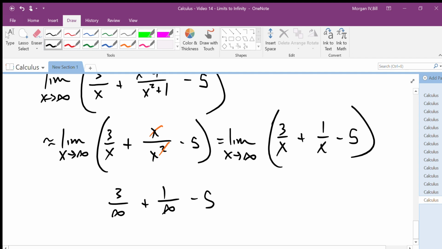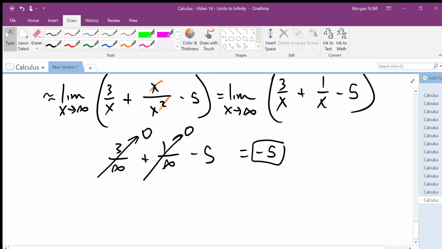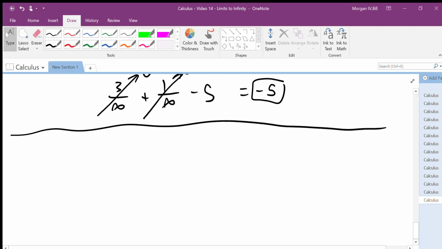A number divided by infinity goes to 0, so that goes to 0, that goes to 0, and we get an answer here of negative 5. All right, how about one more? This one's interesting. Let's take the limit as x goes to infinity of the square root of 25x squared plus 11 divided by 3x plus 4.